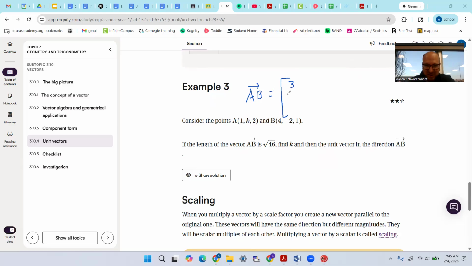From 1 to 4 is 3. No, I did that backwards. 2, -1. So from 2 to go to 1, I want -1, which means I'm going 1 minus 2. So I am having to go backwards and thinking about this.